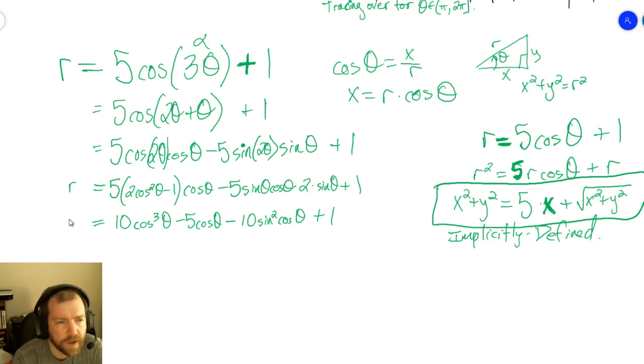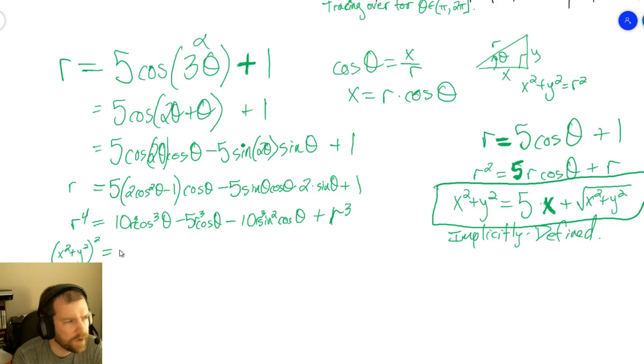Yeah, okay. So let's multiply by r cubed all the way across. So this is going to get us r to the 4th times r cubed cosine cubed, r cubed cosine, r cubed sine squared cosine, plus r cubed. This means that here we've got x squared plus y squared, parentheses squared, for r to the 4th.